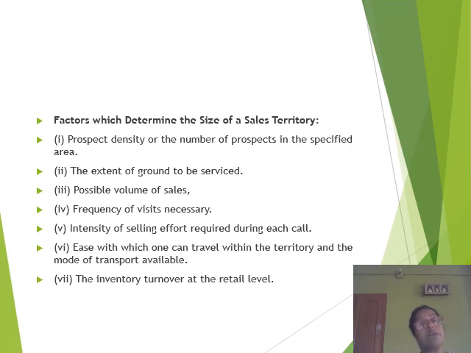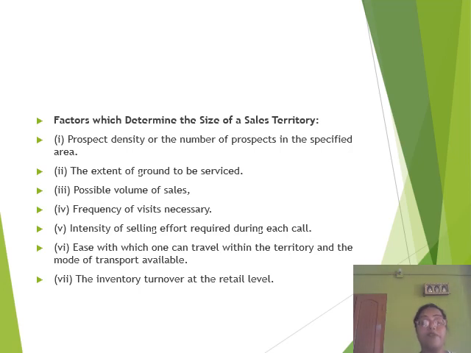So first is the prospect density, or the number of customers in the specified particular area. What is the extent to which we have to serve them? What is the possible outcome of the sales, the volume of sales that can come out in the particular sales territory?